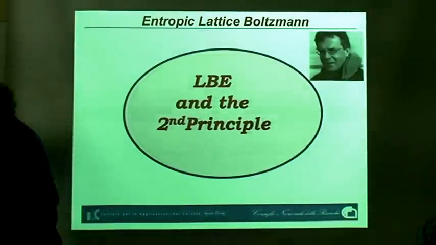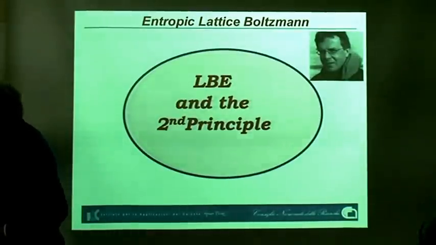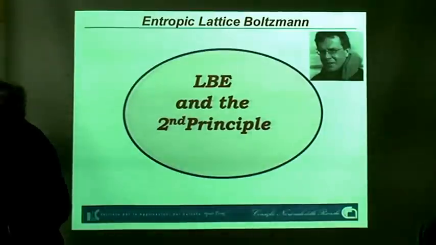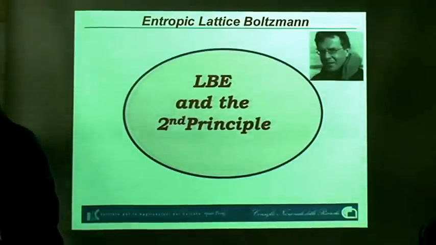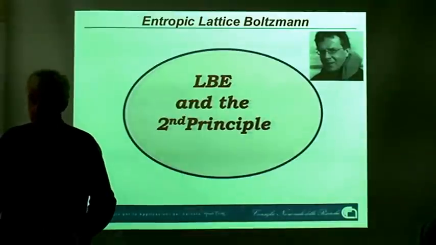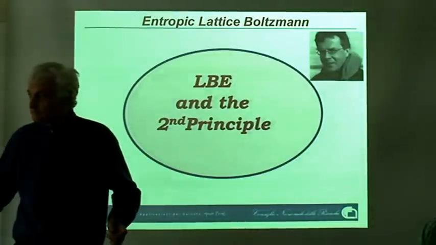Higuera and Jimenez worked out a collision operator which is much less expensive than the Boltzmann collision operator, but still along this line. When we did this, we broke that. In principle, we lost the H theorem, and we lost the second principle.